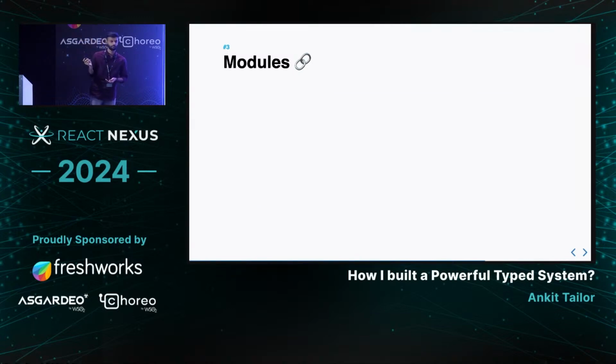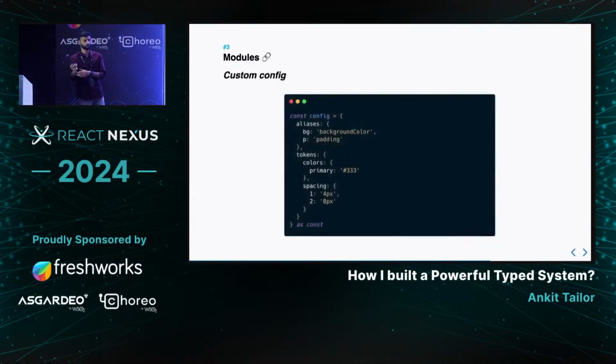Similarly, we'll create one config. It has the same aliases and tokens, but as you can see, I have written as const at the end. What this does is make your object deeply read-only, and it gives TypeScript more information about the type, and it also infers the whole literal type of the object.